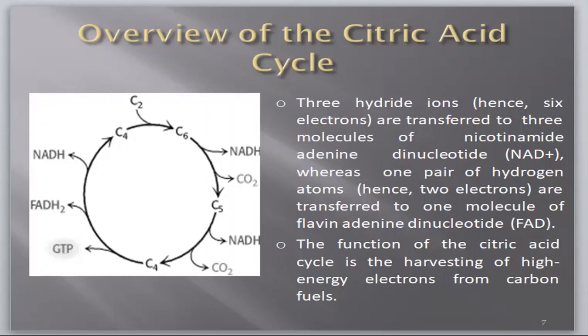NAD plus and FAD bind to these hydride ions and extract the energy from various carbon fuels taking part in cellular respiration and the citric acid cycle. In the citric acid cycle, there is generation of 3 molecules of NADH and 1 molecule of FADH2, which are sent to the electron transport chain.